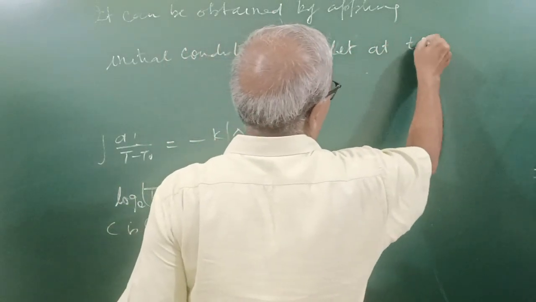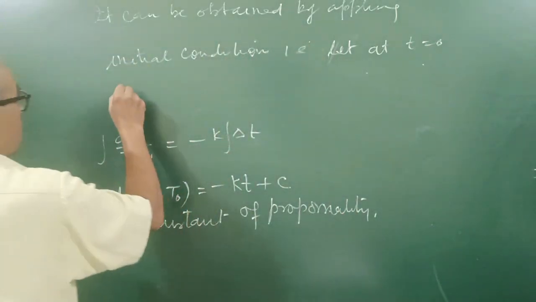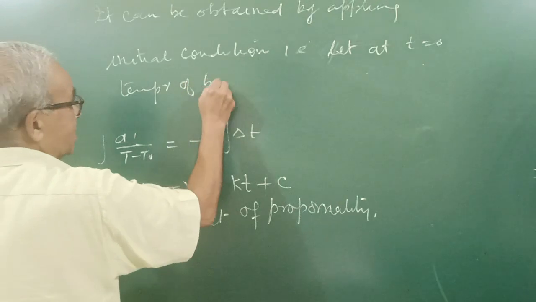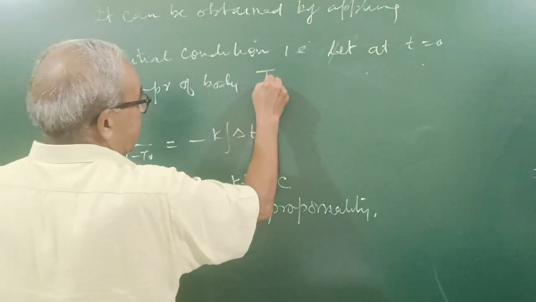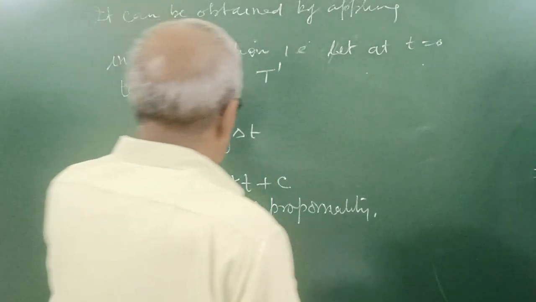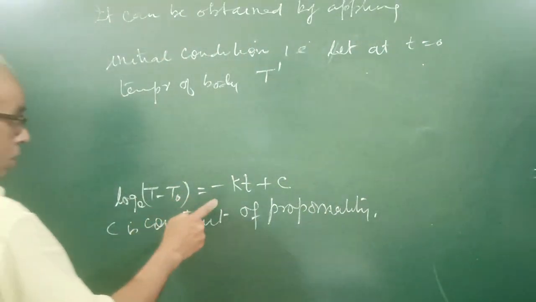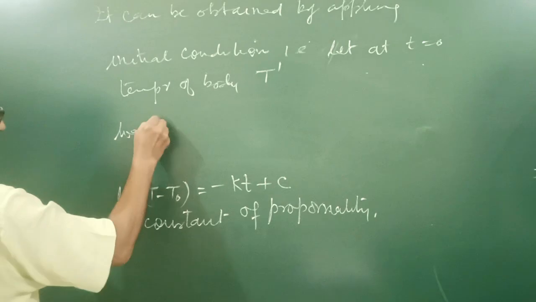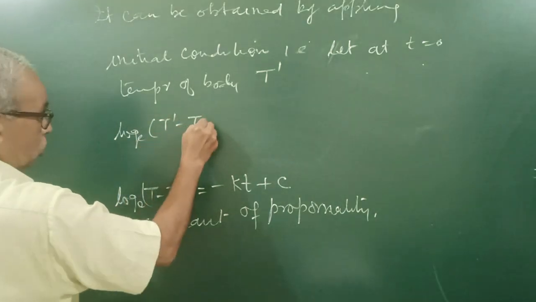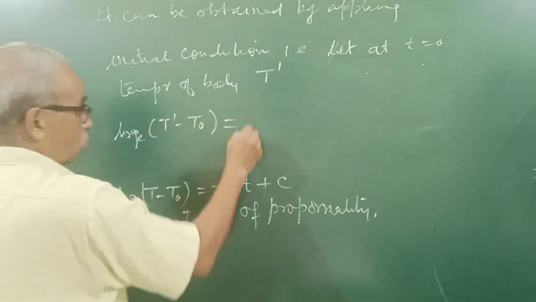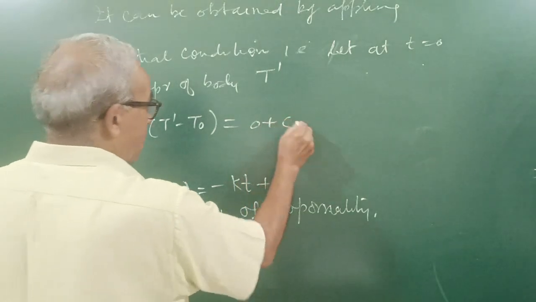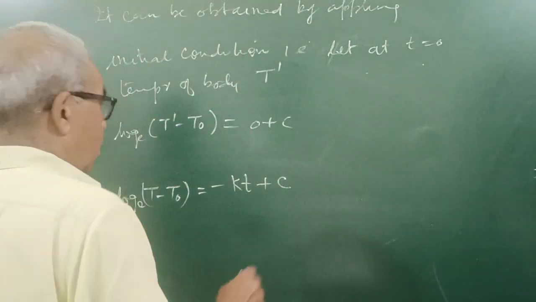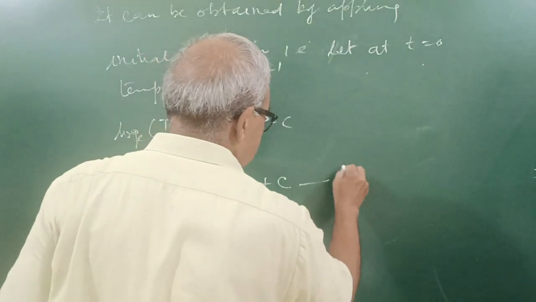At t equal to 0, the temperature of the body is T dash. Then log base e of T dash minus T0 is equal to 0 plus C. So C is equal to log base e of T dash minus T0, let that be equation 4.